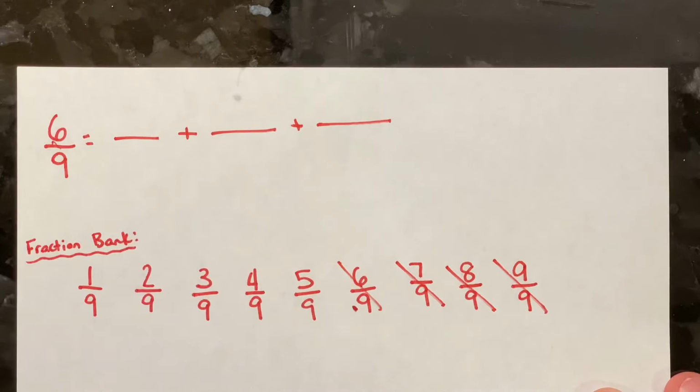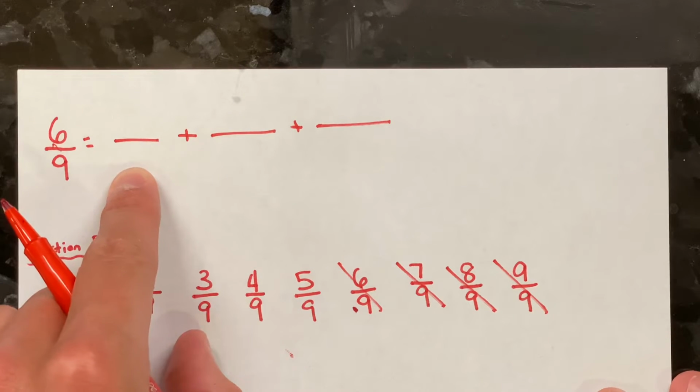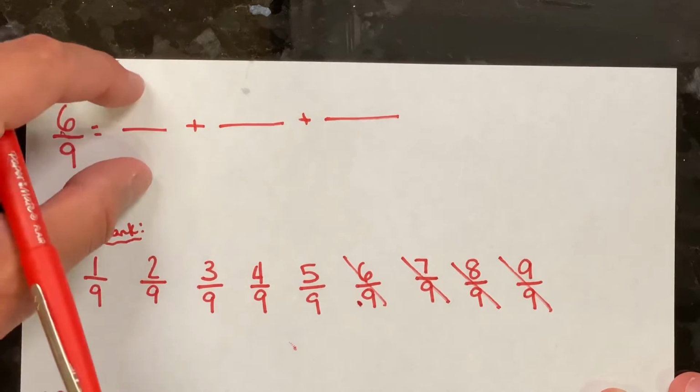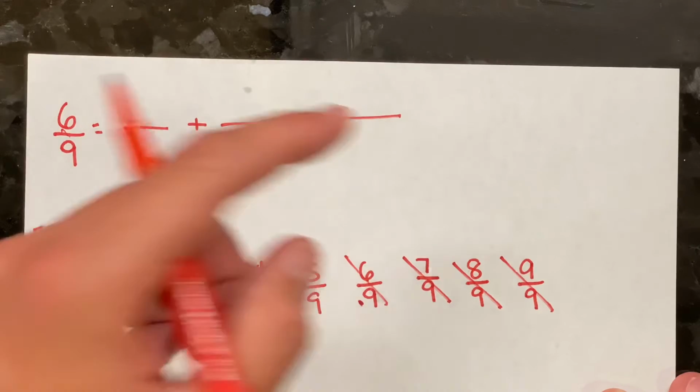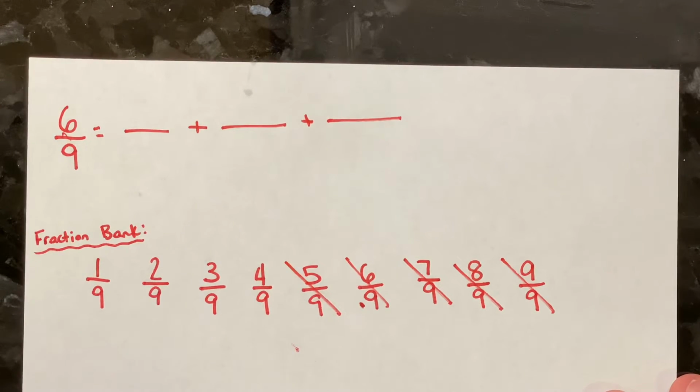So 6/9 can't work. And you know what's funny? Neither can 5/9, because if I had 5/9 here, the only other thing I could add to it would be 1/9. 5/9 plus 1/9 plus something else. I don't have a 0 in my fraction bank, so 5/9 can't even work.